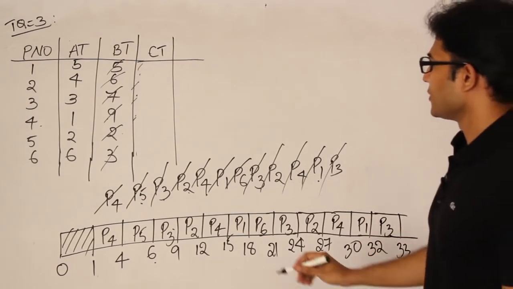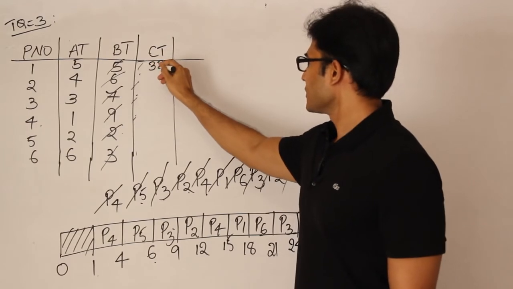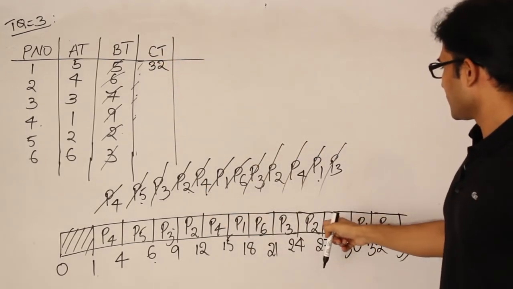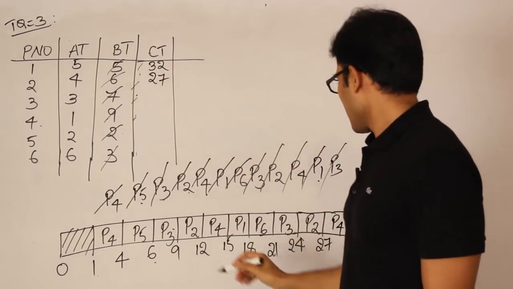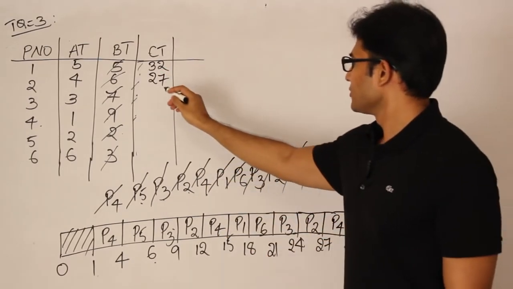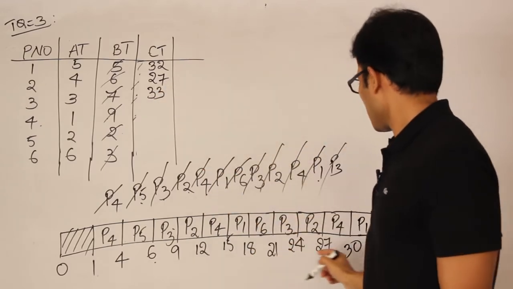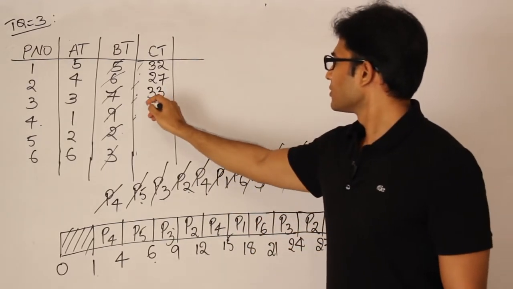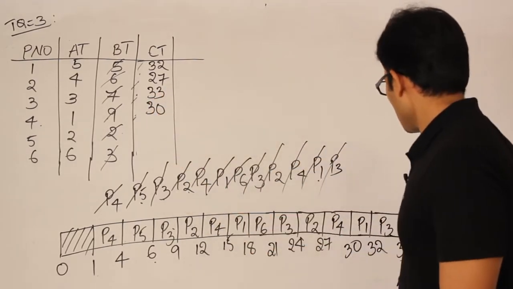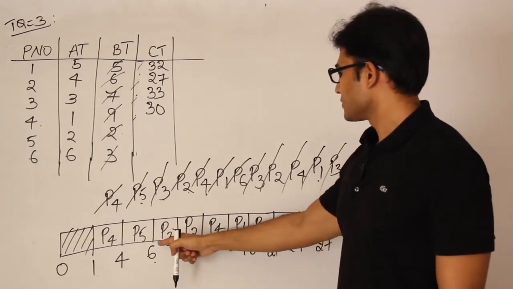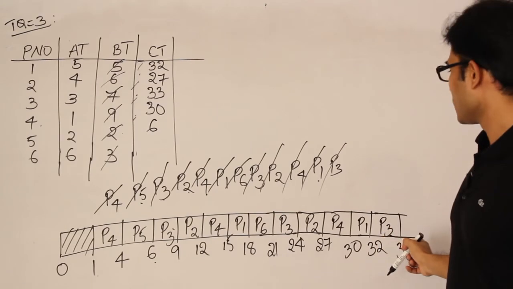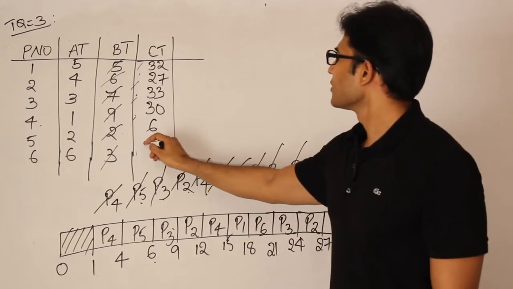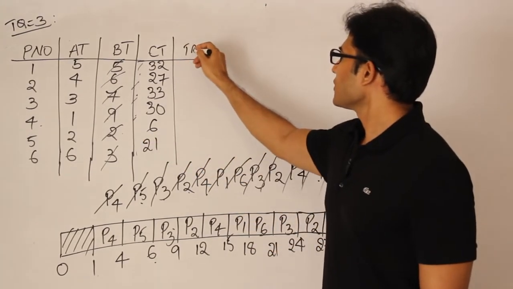P1 got completed at 32, therefore completion time of P1 is 32, and then P2 got completed at 27, so completion time is 27, and P3 got completed at 33, and P4 got completed at 30, and P5 got completed at 6, right? And P6 got completed at 21.